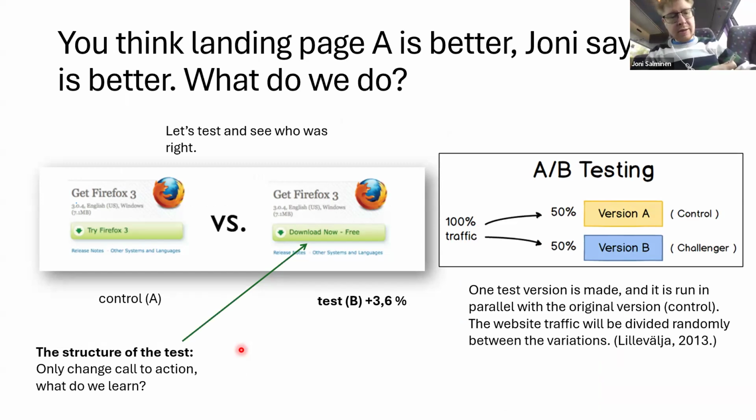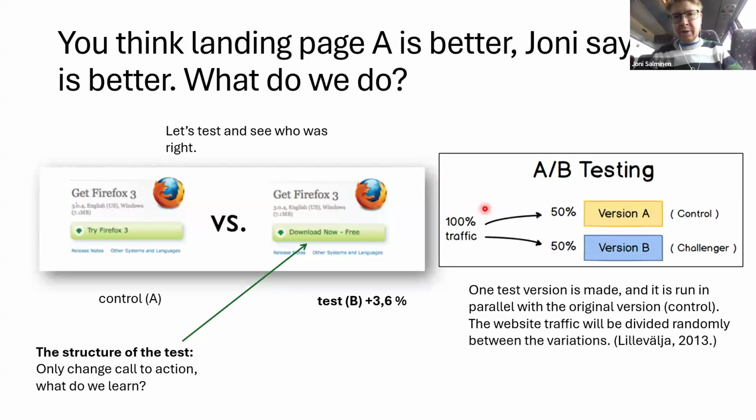So rather than letting the rank of the person decide, like you have this HiPPO effect, which is the highest paid person in the room decides, that should be avoided when we talk about conversion optimization, because if always the manager decides, then we are not testing radically different options, and it's hard for us to improve. We just follow people's opinions when making decisions. It's kind of self-evident. But yeah, that's why we often do A/B testing in conversion optimization.